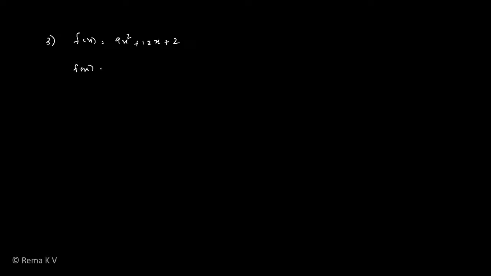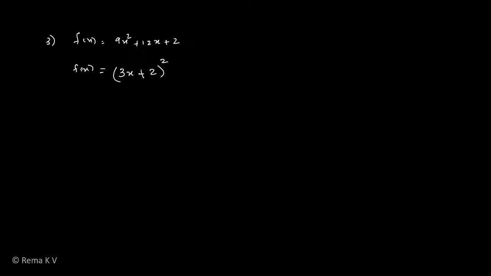So let us write this function using 3x. 9x square is square of 3x plus, let this be equal to 2 into 3 into 2. So let this be equal to 3x plus 2 the whole square.